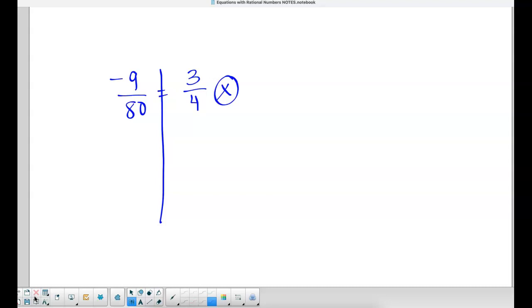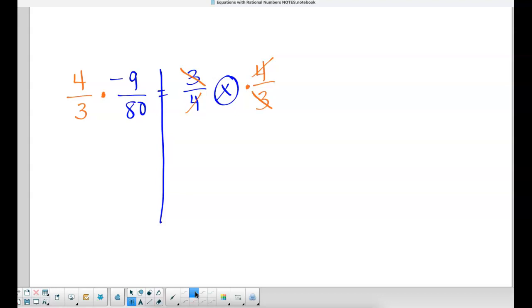So we really just want to flip this and multiply. So I'm going to put times 4/3. Because remember, it's all about canceling it out. If I do that, I can cancel out the 4s, I can cancel out the 3s. I'm going to multiply the other side by the same thing. What you do to one side, you have to do to the other.